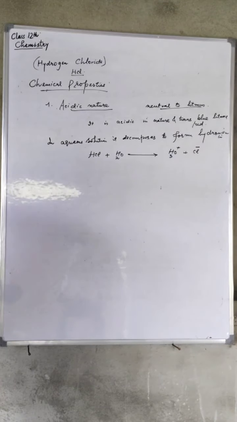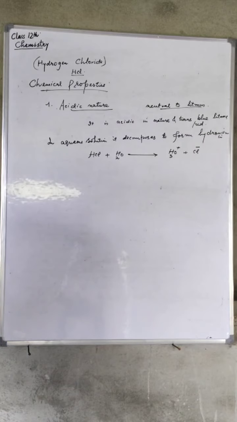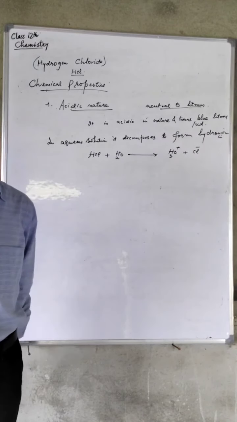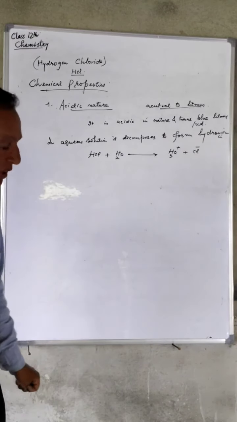So we can say that HCl is acidic in nature, or when HCl is dissolved in water, it forms an acidic solution.